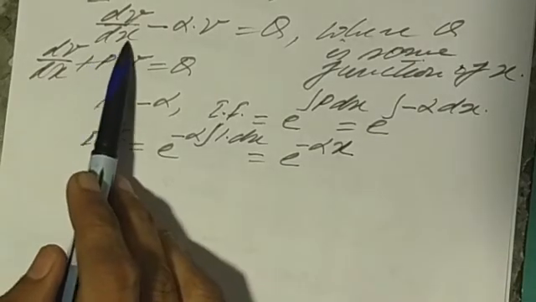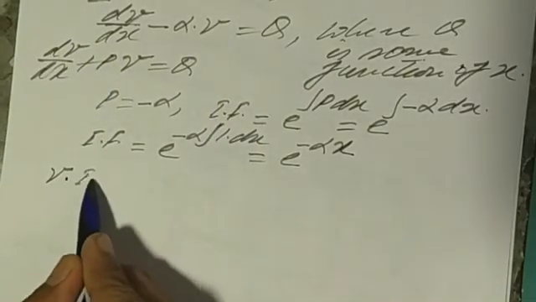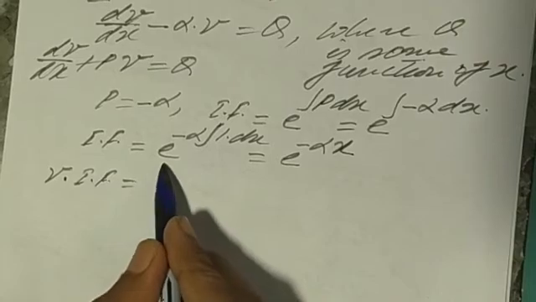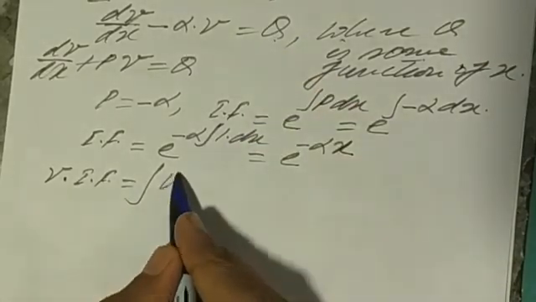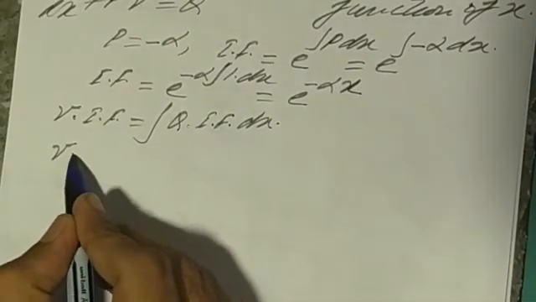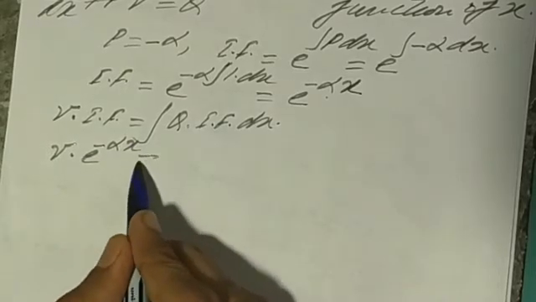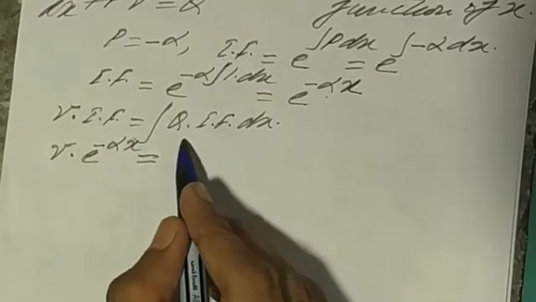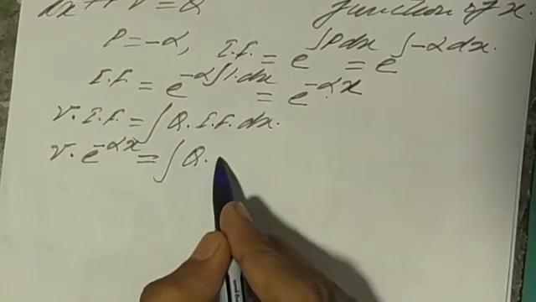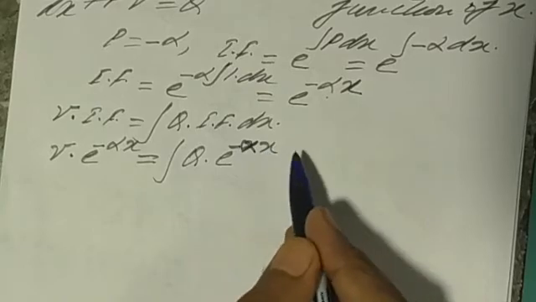So solution of this linear differential equation will be v into integrating factor is equal to integral Q into integrating factor dx. So v into e raised to the power minus alpha x is equal to integral Q into e raised to the power minus alpha x dx.